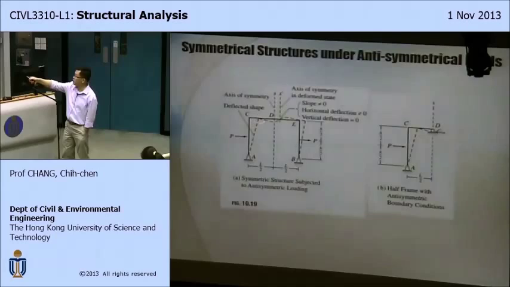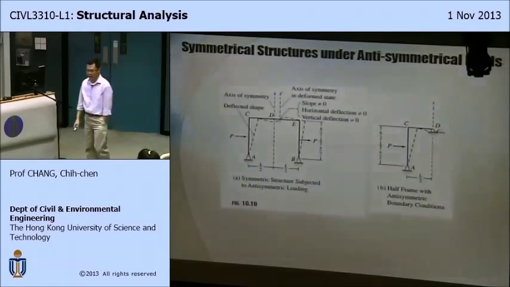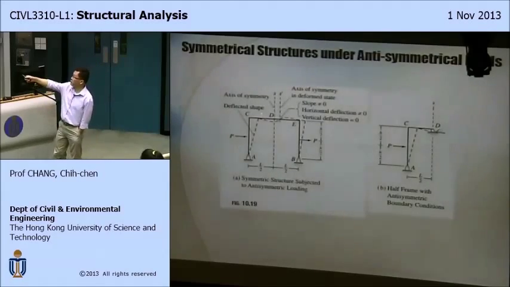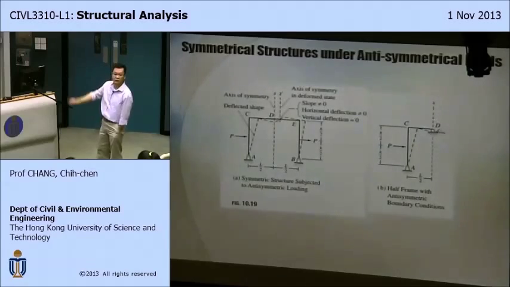It's going to be translating to the right, but you will have positive curvature, negative curvature. In between, you have zero curvature, no displacement vertically, but you can have translation horizontally. And slope, of course, is not equal to 0. That kind of condition is the same as the roller support.